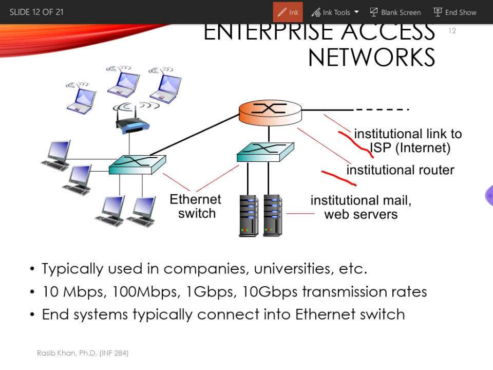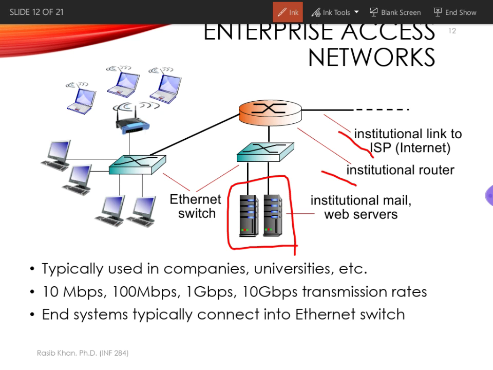And the institution, which could be a campus or a large corporate office, has the main institutional router. And inside the network, there are a set of servers which provide different services, for example, web services, mail services, file servers, and VPN servers, etc.